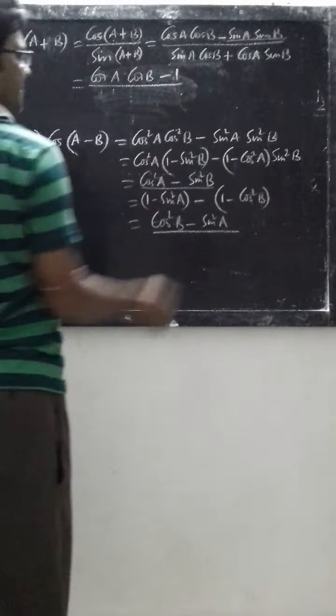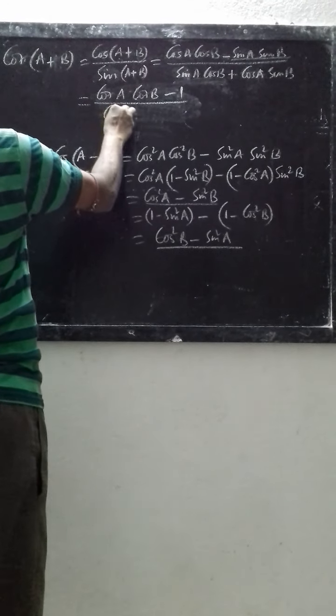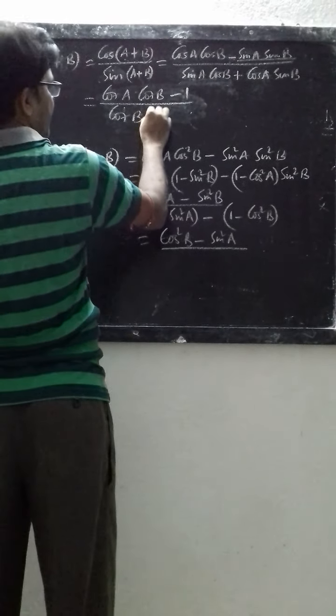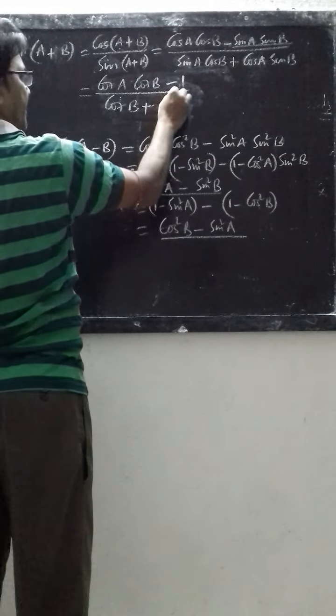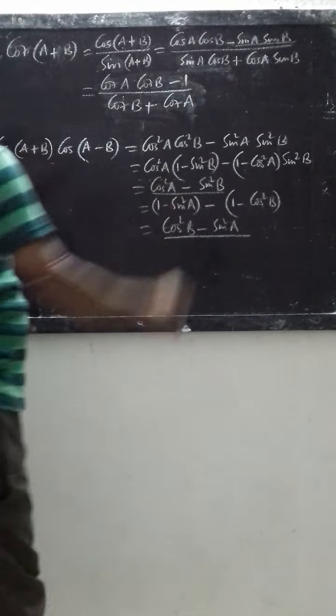And sin A cos B by sin A sin B equal to cot B plus cos A sin B divided by sin A sin B equal to cot A.